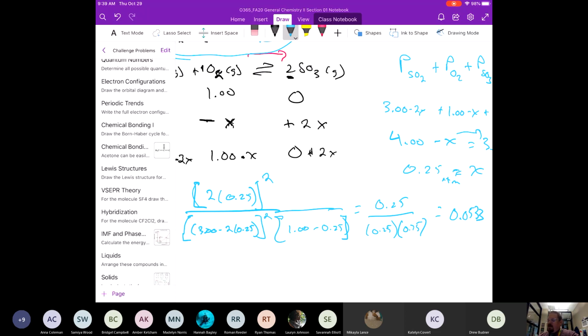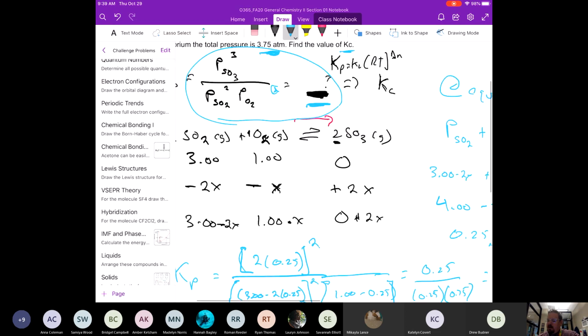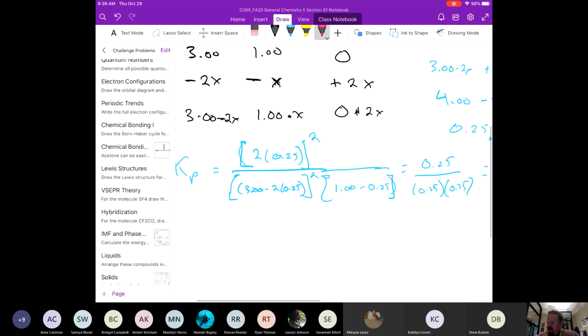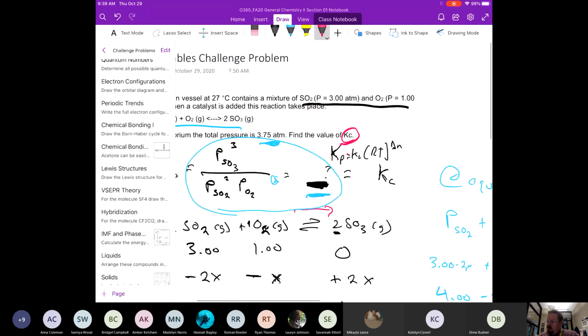So now we calculated the equilibrium constant in terms of pressure, but the question wanted us to calculate the equilibrium constant in terms of concentration, right? We wanted this value here, right? So then we would say that, again, rearrange this equation.